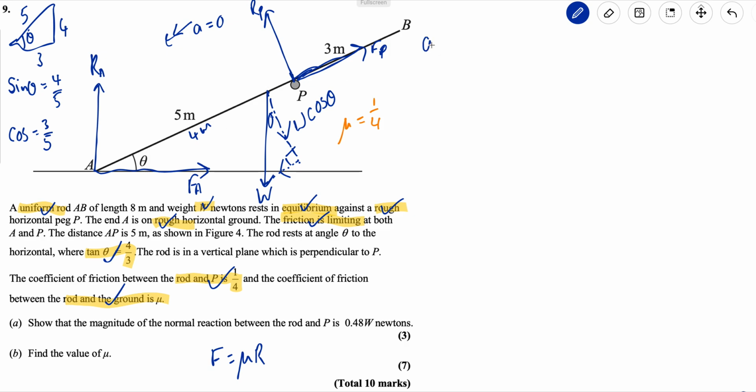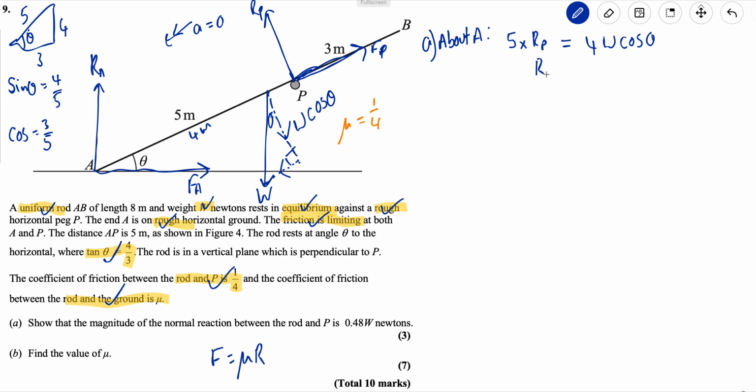Now I have the two forces perpendicular to the rod, so I just need to take moments. I'm going to tell the examiner what I'm doing so that they can see what they're looking for and give me the maximum marks they can. So 5 times RP, and the rod is in equilibrium, so the anti-clockwise moment will balance the clockwise moment, which equals 4 times W cos theta.